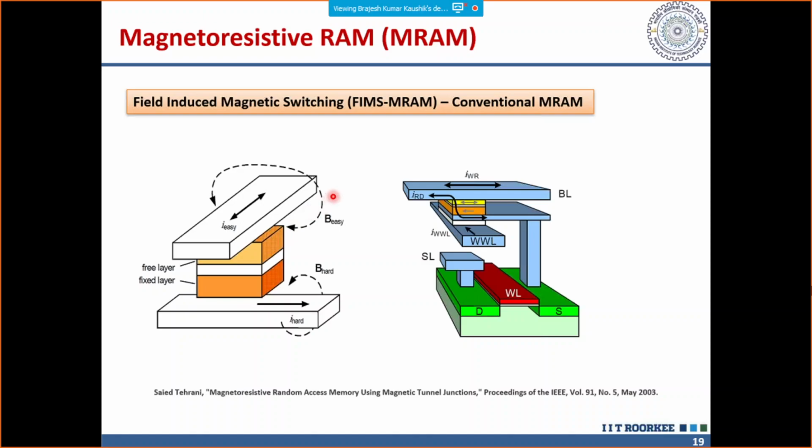So this is inducing the magnetic switching from the magnetic field generated by the current that you're applying on the easy axis. And then you have the hard axis current also, which keeps the fixed layer orientation as it is. It does not change at all. Based on this, you create an MRAM which keeps on flipping its state.